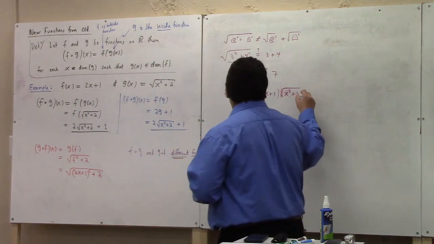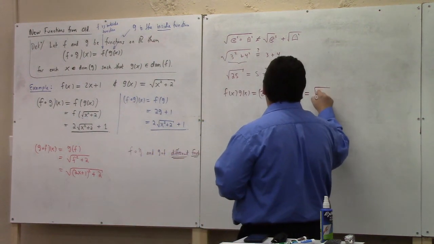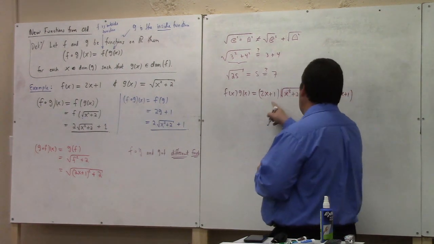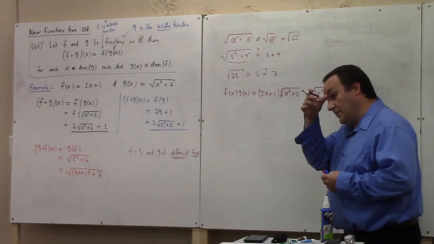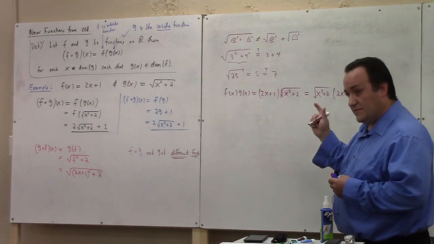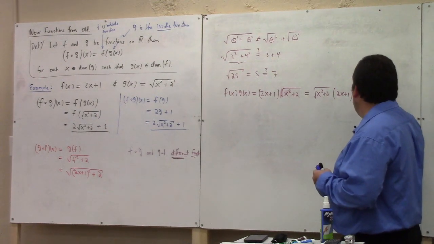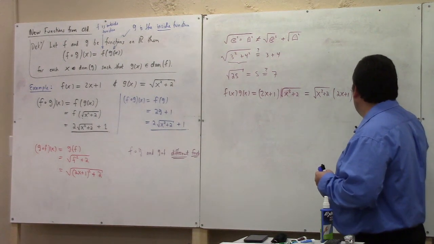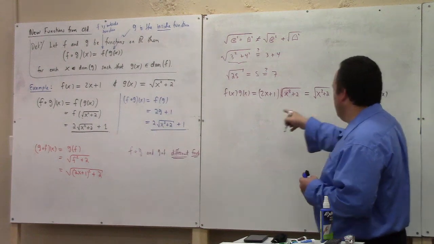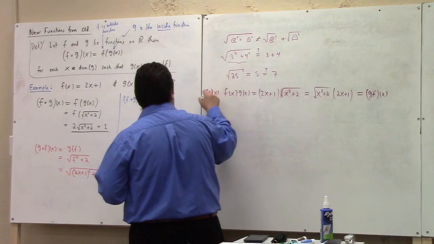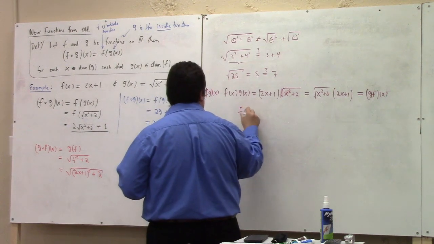And that is also equal to the square root of x squared plus 2 times 2x plus 1, because we can commute the multiplication of real number quantities, right? Real numbers commute, their multiplication commutes. And this right here is gf of x, whereas the other side is fg of x. In other words, fg is equal to gf.